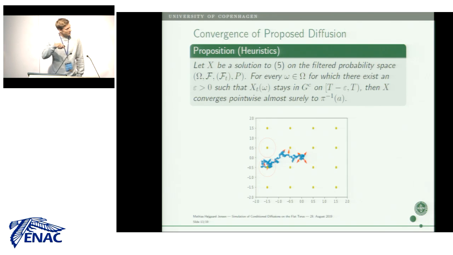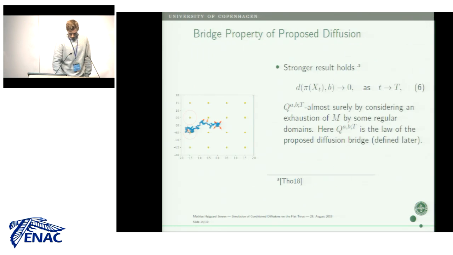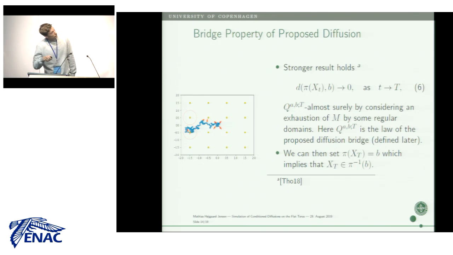But this is, as I said, very heuristic, because to make this formal we need to ensure that the process at some point stays within these open sets with probability 1. But that actually does hold. So when considering the diffusion on the torus itself, we get that the diffusion converges almost surely to the point on the torus, which was proved by James Thompson.